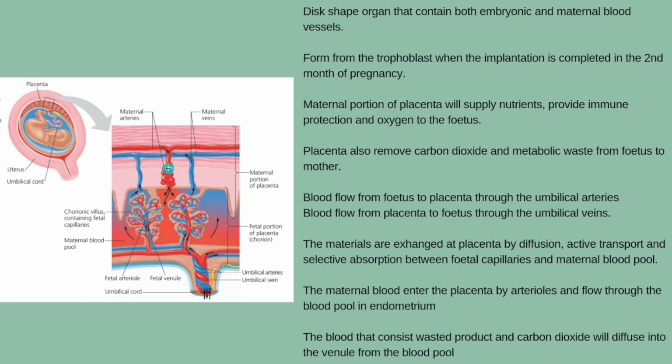All the nutrients will pass through this cavity first, and after that they will enter into the embryo blood vessel. Normally blood from the fetus to the placenta is through the umbilical arteries, and blood flows from the placenta to the fetus through the umbilical veins.